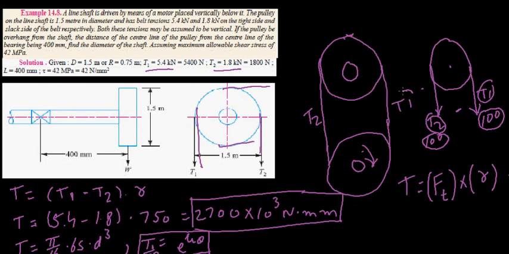So there is a tension T1 and a tension T2. Okay, so this is T1 and this is T2. Where is this acting? This is acting in this direction. So the force, the tension, is acting downwards. That downward force multiplied by this distance should give us the bending moment.